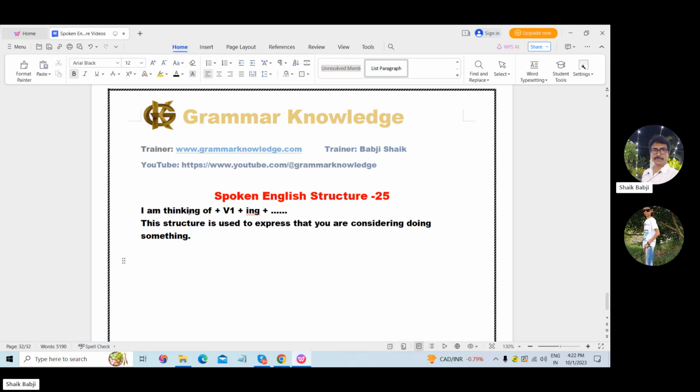Now let's see some examples. I am thinking of. After "I am thinking of", we have to use V1 plus ing. Okay, I am thinking of going for a morning walk.